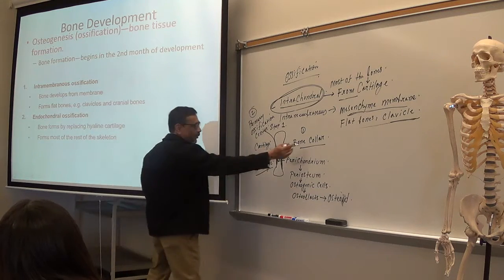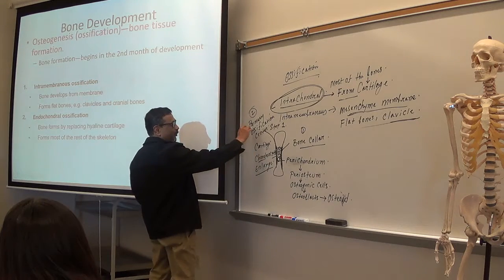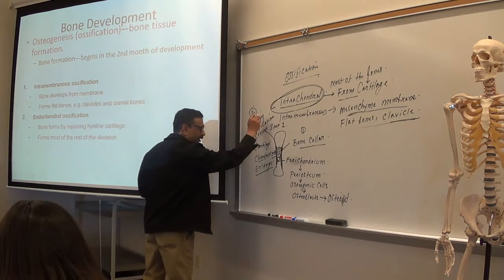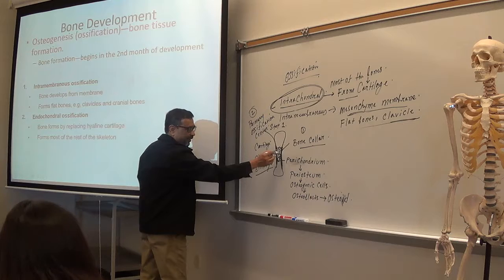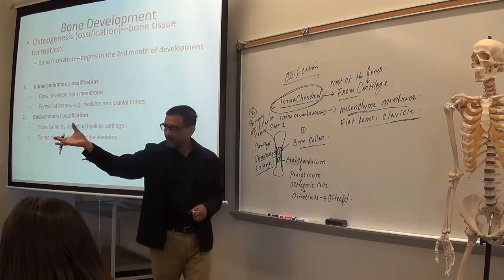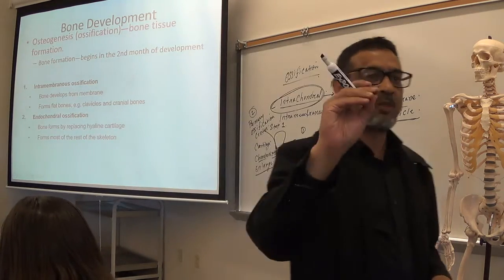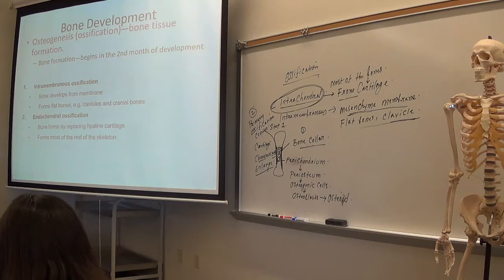So number one, bone collar formation. Number two, primary ossification center is what? In the center of the cartilage, chondrocytes enlarge. Is it clear? Okay. And that area is called primary ossification center.